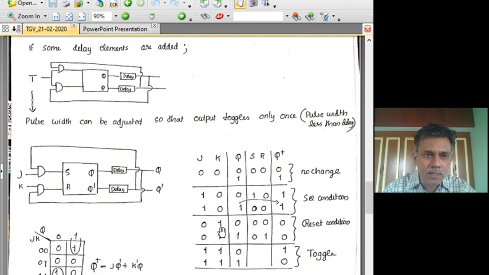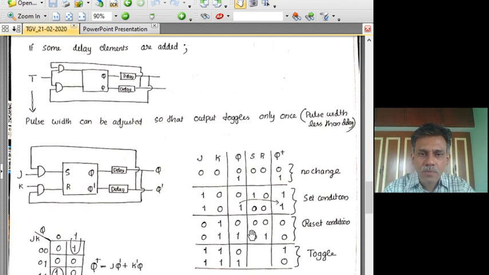K is being ANDed with Q. So when Q is 0, R will be 0. When Q is 1, that is the only case when K equal to 1 and Q is also 1, and therefore R equal to 1.